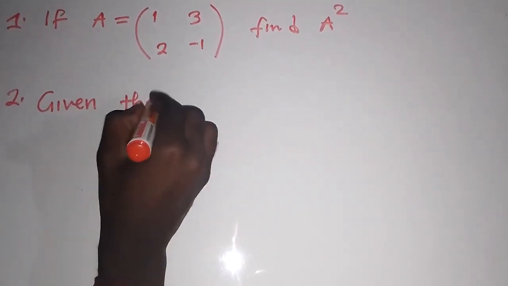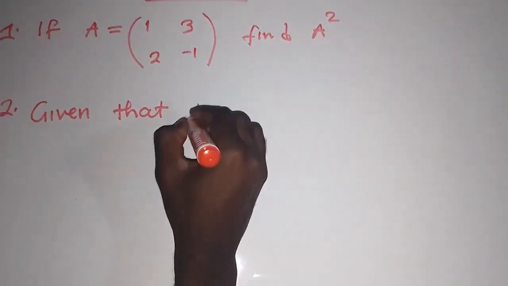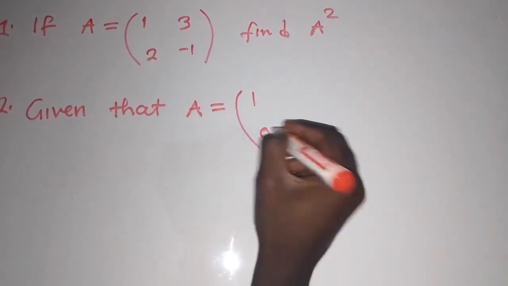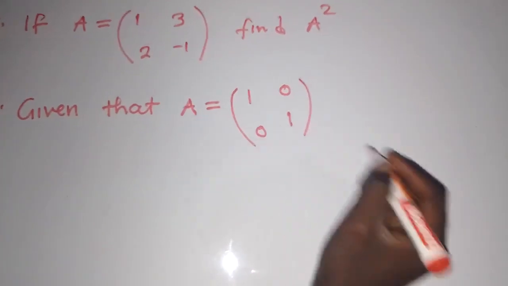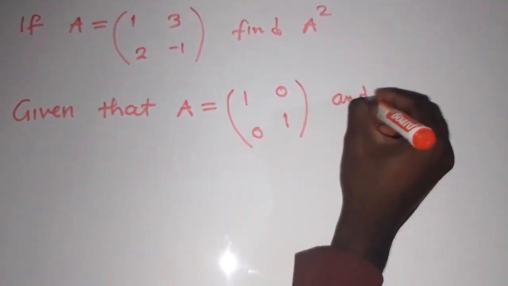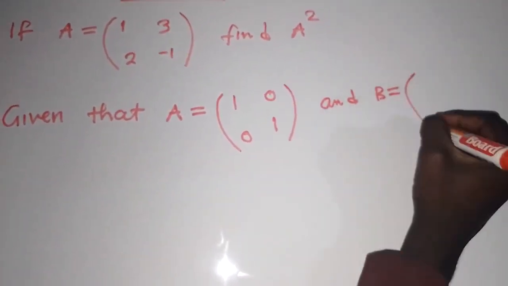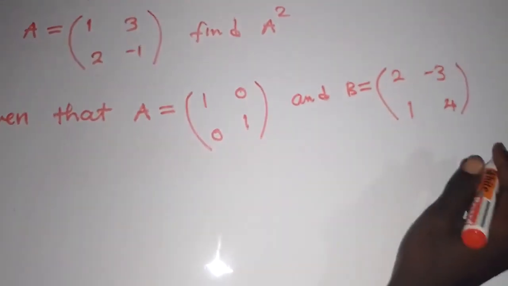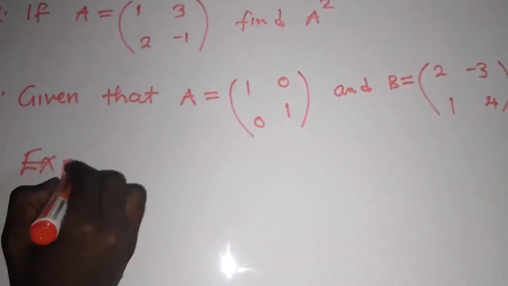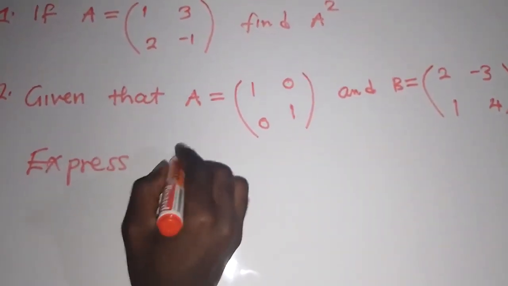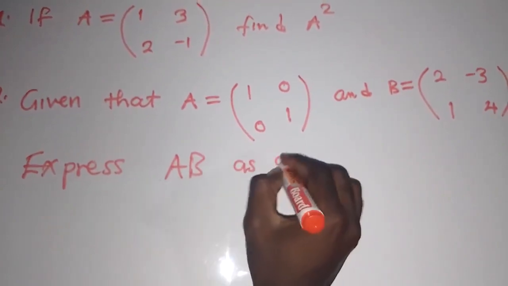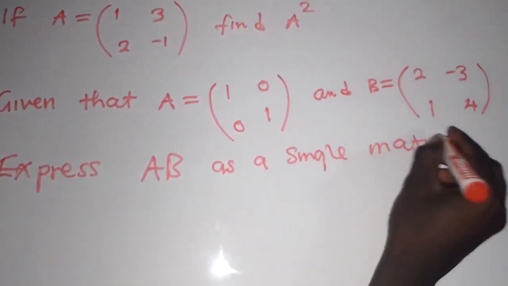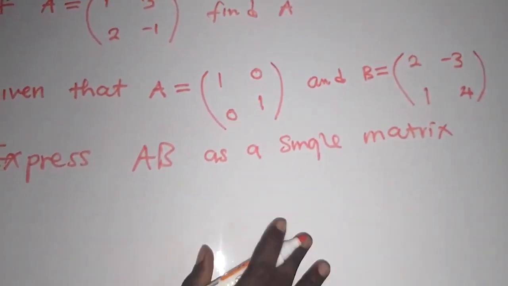Given that A is equal to 1, 0, 0, 1, and B is equal to 2, 1, negative 3, 4. Express AB as a single matrix.